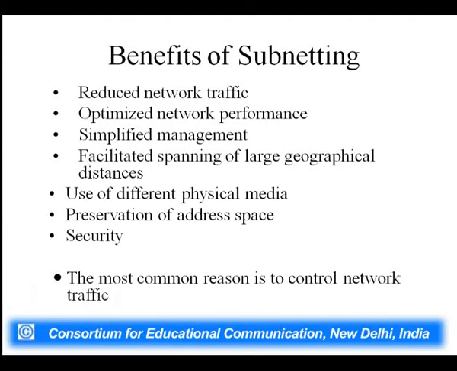Reduced network traffic is important. Why am I saying this? Assume if I use a class A address and you have 10,000 hosts as part of one network, when you broadcast, it goes to 10,000 hosts on the same network, and broadcasting to 10,000 hosts may result in collisions or may increase the network load and traffic.